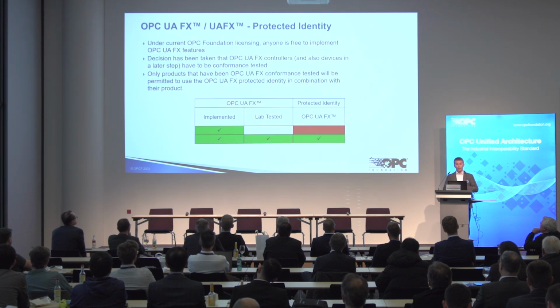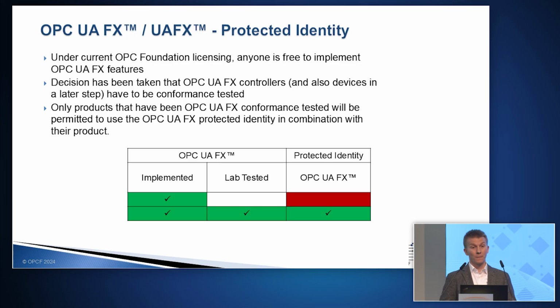So how can an end user notice that the products that they purchase, that they use, are actually working fine? What we're doing here is we have created a protected identity, which is the OPC UAFX and the UAFX.